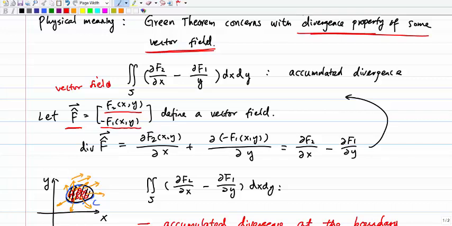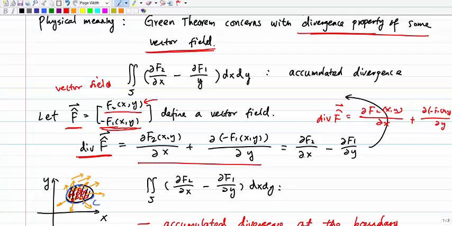If we compute the divergence of that vector field, remember the divergence is partial of the first component, f2(x,y), over partial x, plus partial of the second component, negative f1(x,y), over partial y, which is exactly equal to partial f2 over partial x minus partial f1 over partial y.